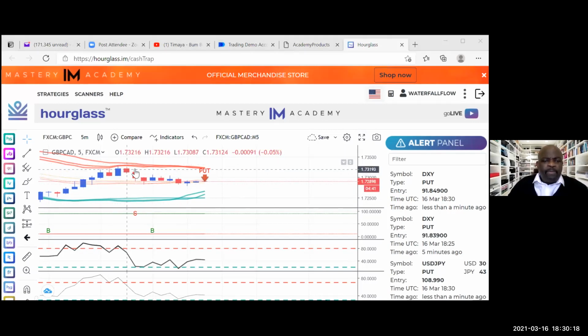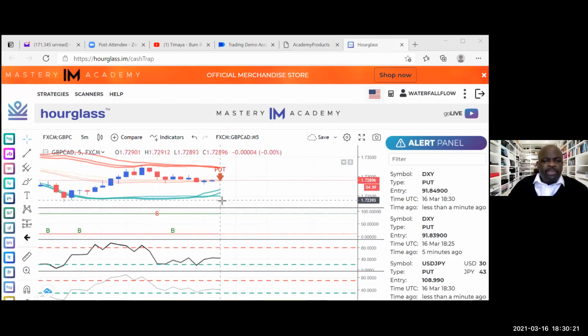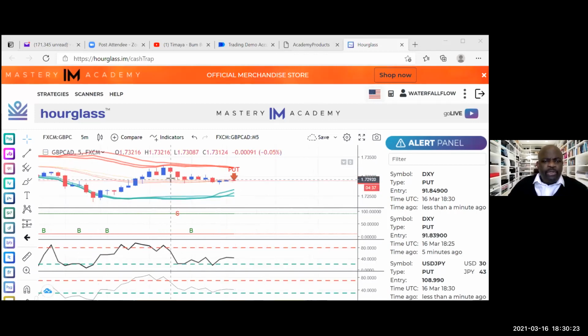So this is how the strategy works. Let me just show you live. You see, this is Bollinger Band. You see the red line here, that's the top line, and this green line is the bottom line. So when price is here at the top, it's likely to be a sell. Yeah, it's likely to be a sell, but that's not the only point that you're looking for.